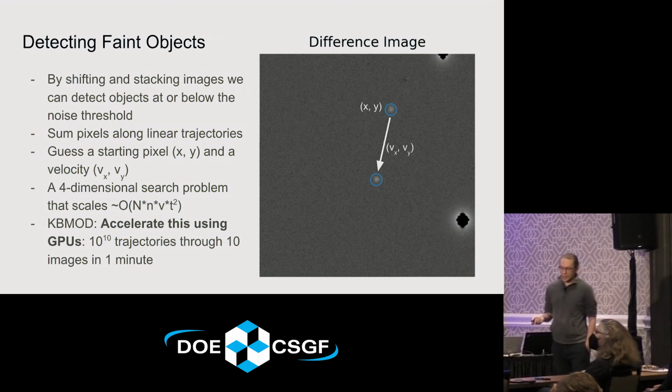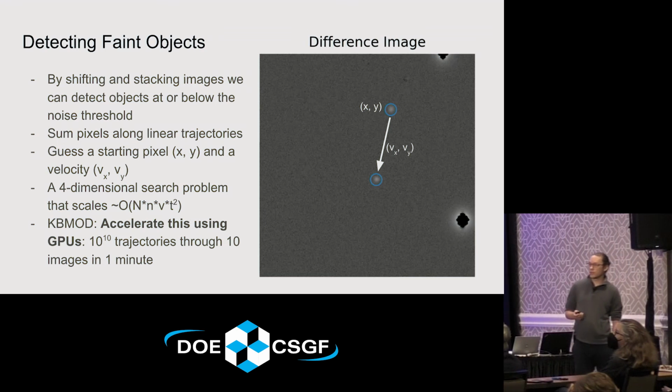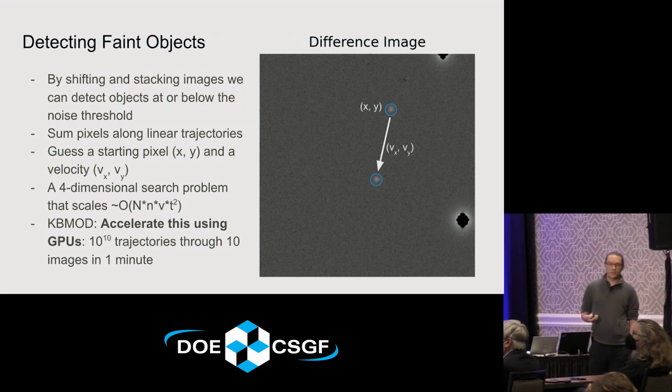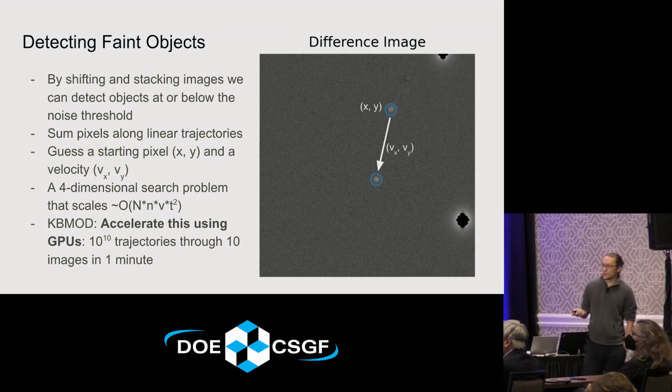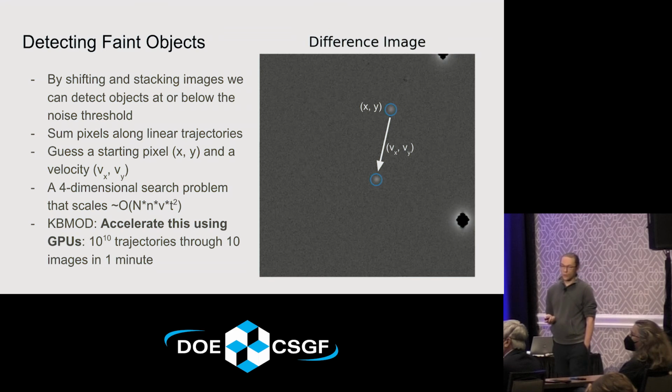Additionally, I'll mention that at UW, some collaborators have developed a GPU code called KB-MOD, Kernel-Based Moving Object Detection, which accelerates the shift and stack process using GPUs. And it can search through 10 to the 10 trajectories through about 10 images in 1 minute.